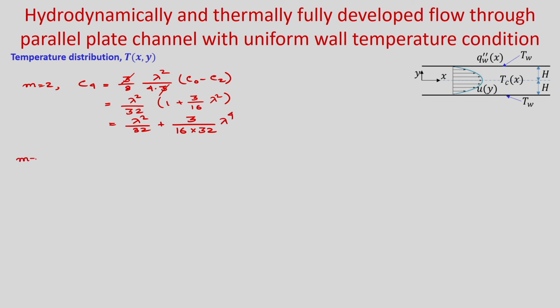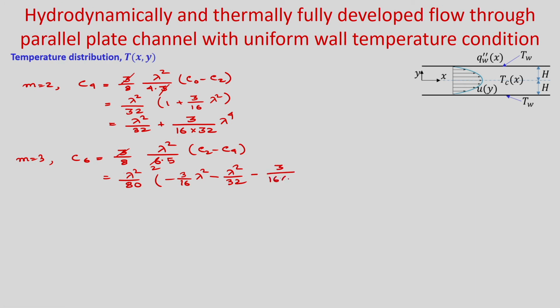Now, you put m is equal to 3. So, you can find C 6 as 3 by 8 lambda square by 6 into 5, C 2 minus C 4. Now, C 4 already we have found here. So, it will be lambda square by 80, C 2 you put minus 3 by 16 lambda square, and C 4 you put now minus lambda square by 32 plus 3 by 16 into 32 lambda to the power 4.